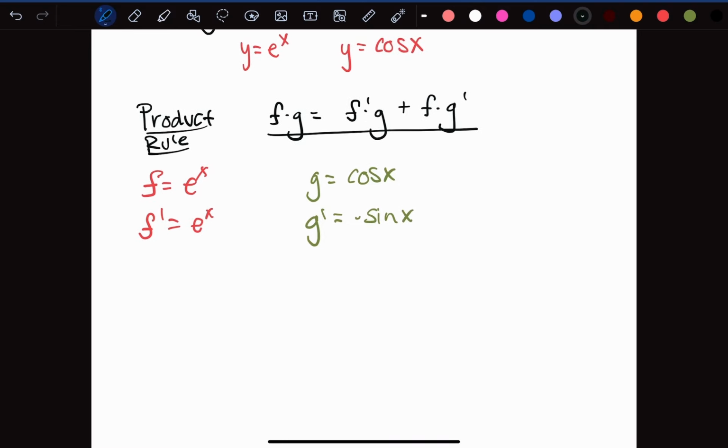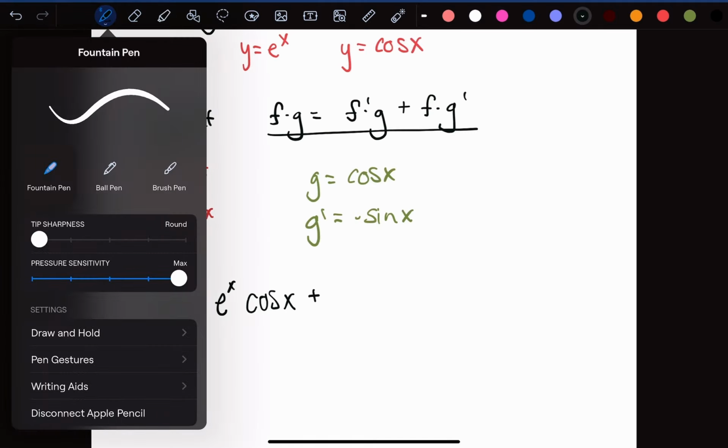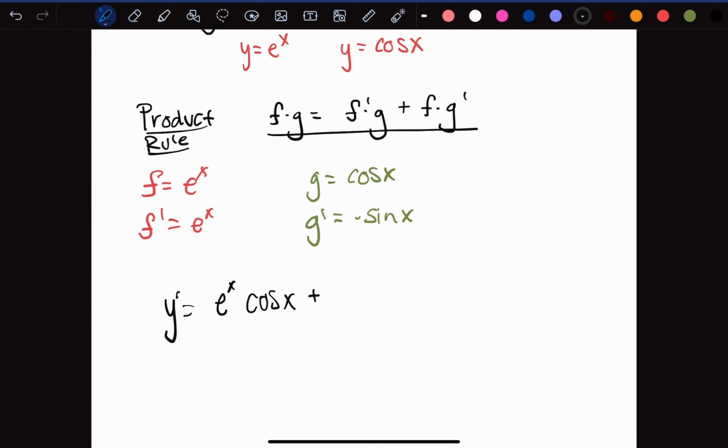So we have our f derivative, which is e to the x, and we're saying that y prime is equal to our e to the x times our g, which is cosine x, plus our f, which is again e to the x, times the derivative of our g, which is negative sine x.